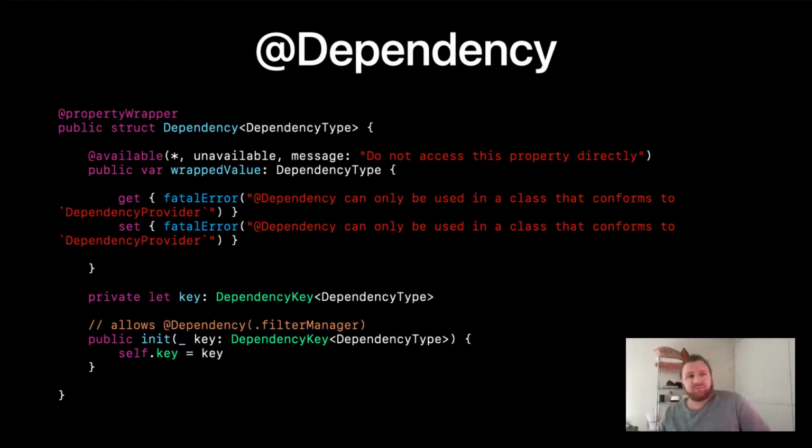But that's okay, we'll get there. So yeah, we get rid of that, and then we initialize it solely with the dependencies, so we can get that dependency key, which has the generic type. So the property wrapper knows what it's specialized as, which means when you go to access the file manager property, we know what type it's supposed to be.